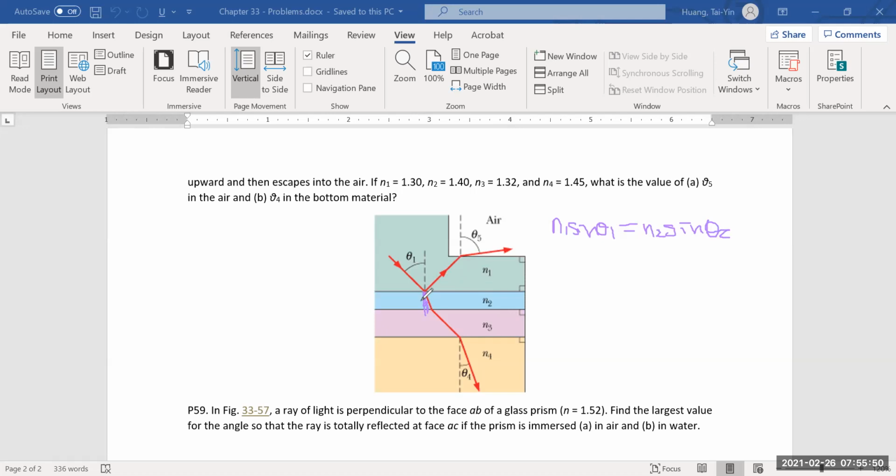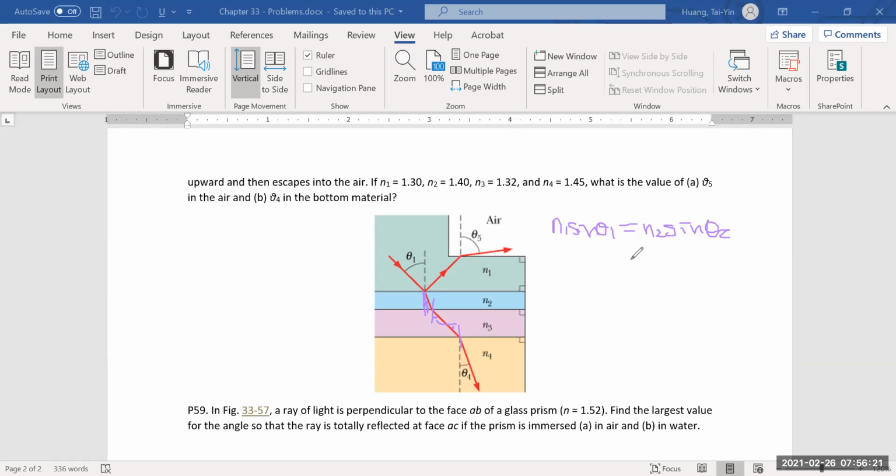So you will use Snell's law to set up the equation. It seems that you have to calculate theta 2 and then apply Snell's law at this interface, but you will find that this angle theta 2 is equal to this angle, which is the angle of incidence at this interface. And then this theta 3 is the angle of refraction, and that theta 3 here will be the same as this angle. And so you have N3 sine theta 3 equal to N4 sine theta 4.